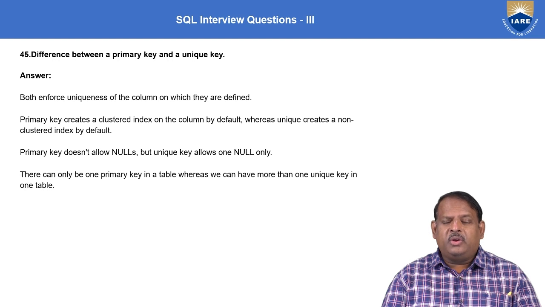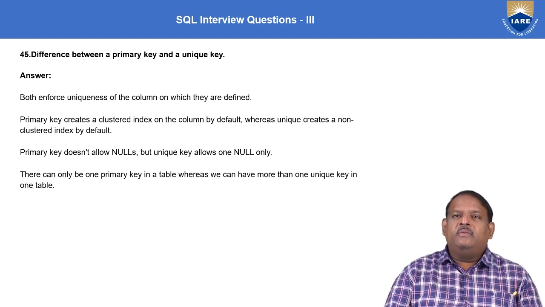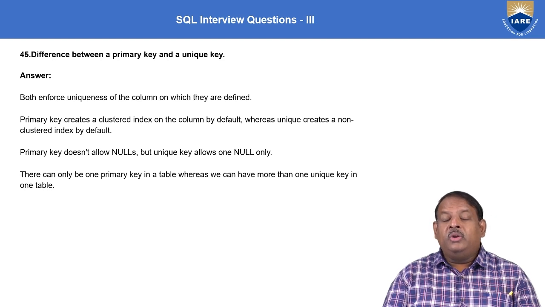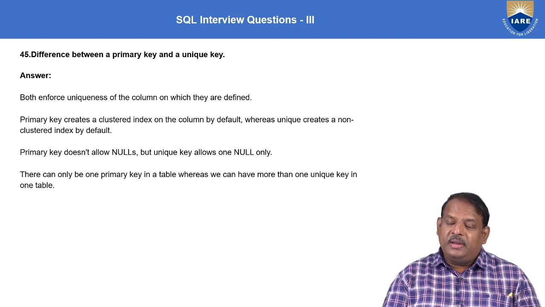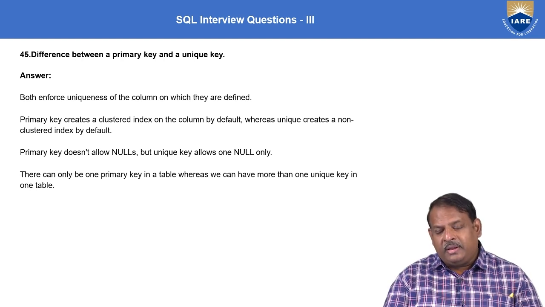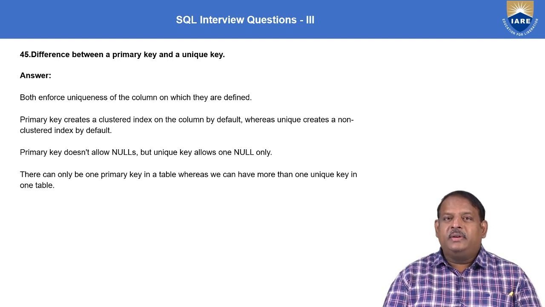So whenever you create a primary key, a clustered index is created on the column, whereas a unique key creates a non-clustered index by default.